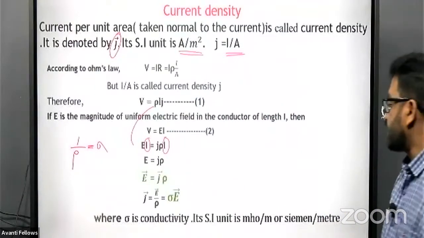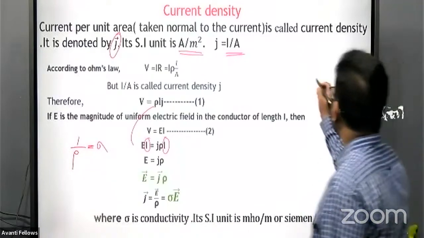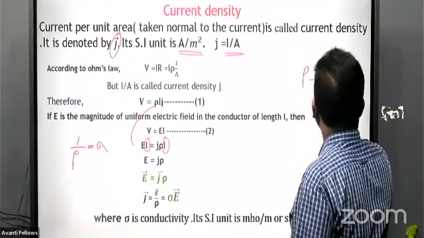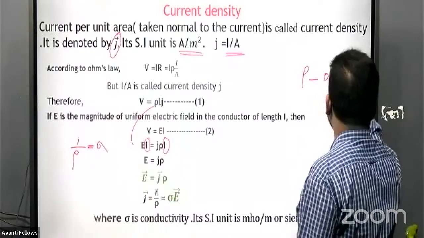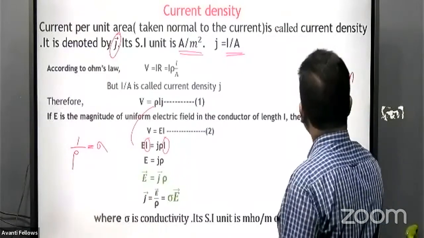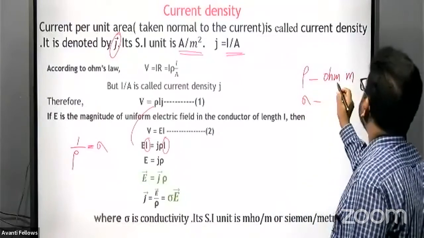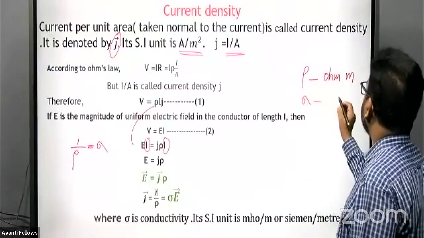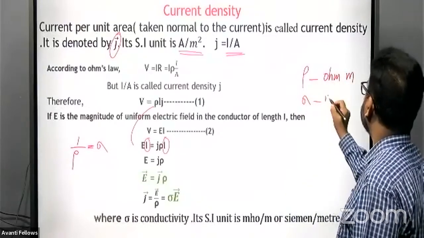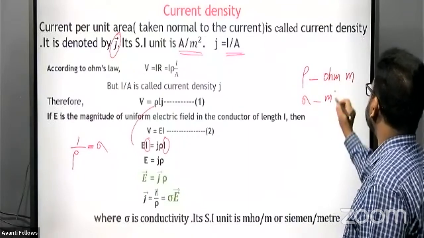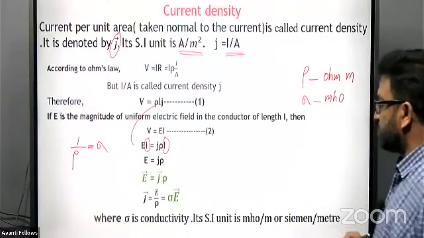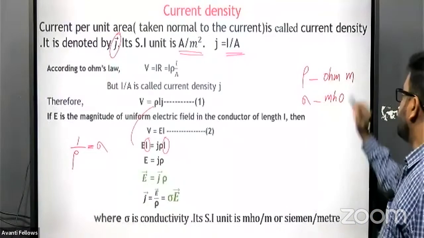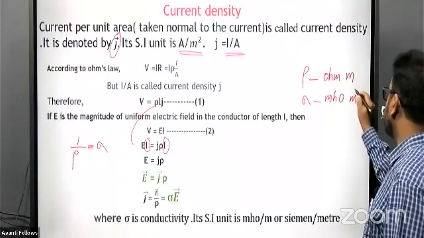The SI unit of conductivity is, see, in the case of resistivity, the unit we have taken as ohm meter. In the case of conductivity, the unit comes in the opposite way. The last letter is M, so here the first letter is M, the middle letters are H, and the last letter is O, and here it is meter inverse.